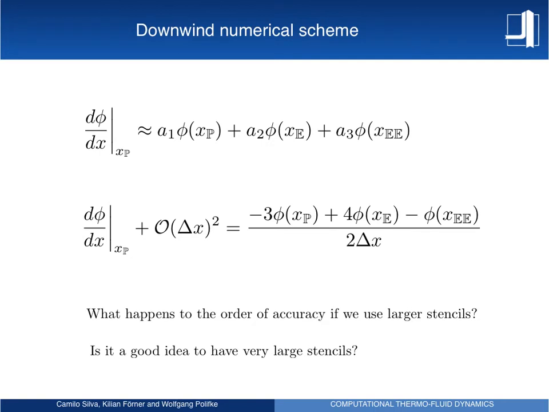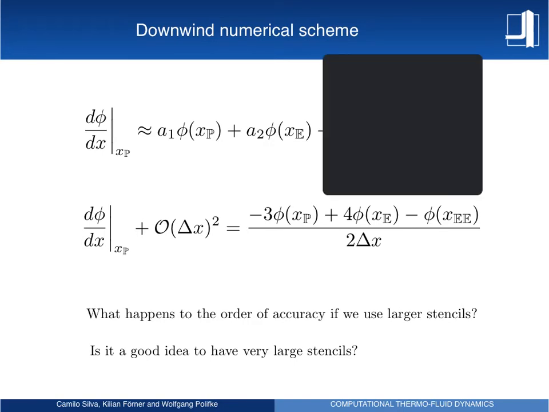So when you solve the equation, you will have the temperature at P, temperature at E, temperature at EE. And if you actually write this equation for every single node, you will realize that the computational matrix is something, let's call it A.